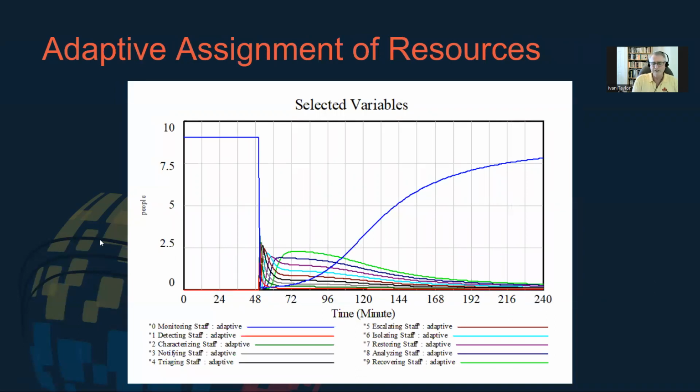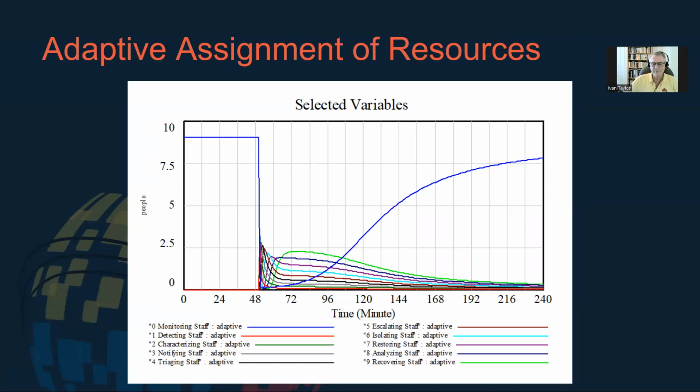This graph shows the assignment of people, which is the primary resource in this workflow. And you can see that all the people are involved in monitoring at the beginning of the time, and up until time 50, they're all involved in monitoring. There are 9 people in this assumed cybersecurity team.